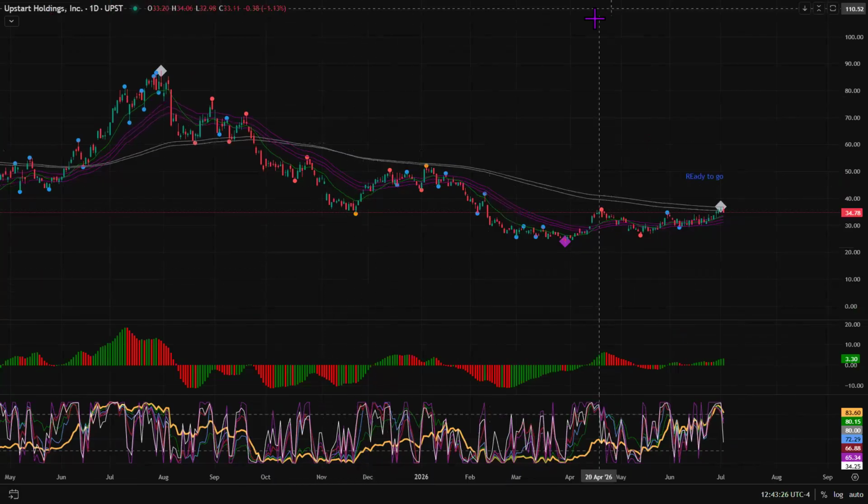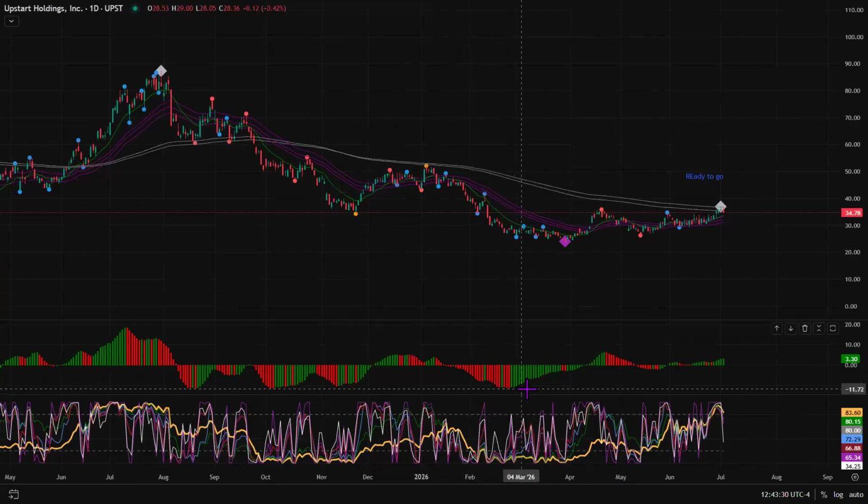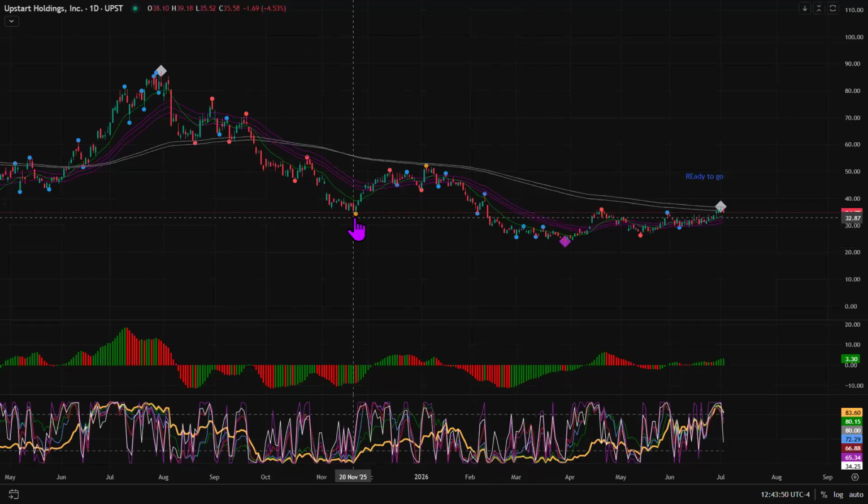I'm looking at the awesome oscillator first. I want to see if we have made a new low. These are pretty well at the same levels, aren't they? It would really be nice to see that this has made a lower low. Well, it did make a lower low than this point here.